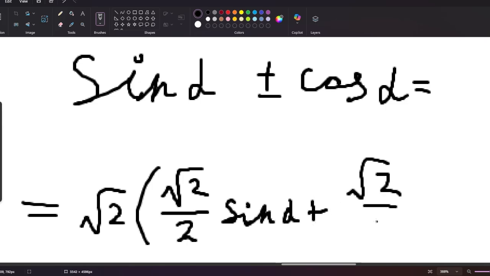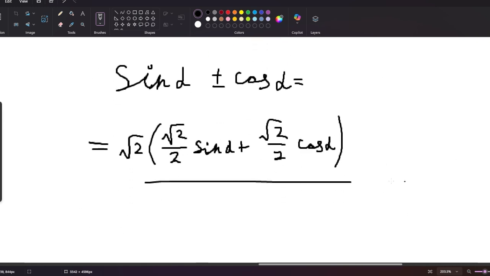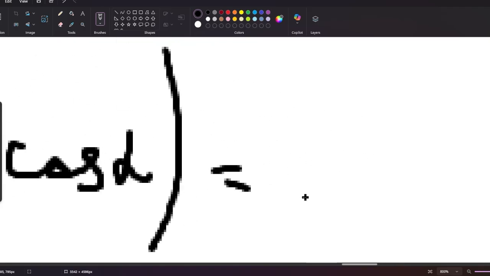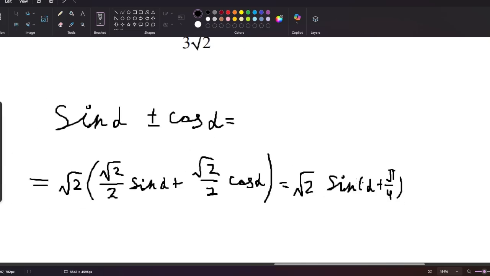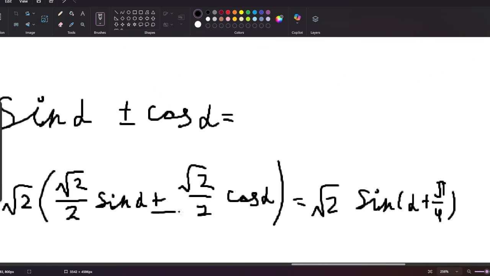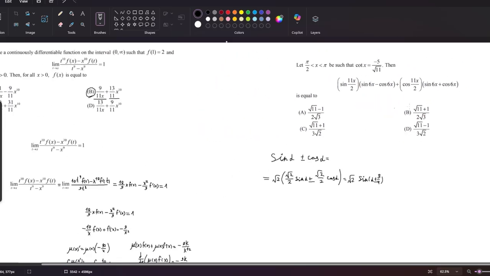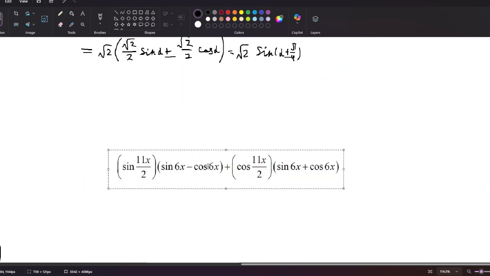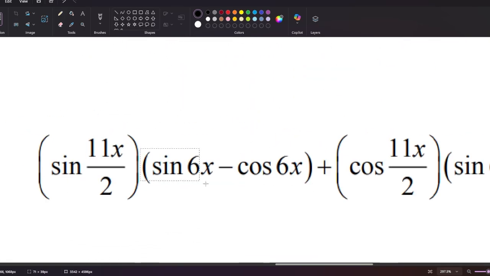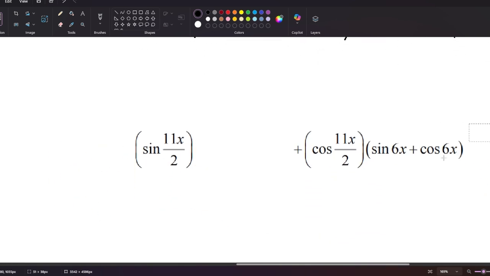And now the thing is, this is literally the sine sum formula, so this is going to be square root of 2 times sine of alpha plus pi over 4. Now again, plus minus, I forgot to include that. Okay, so let's work with this. Here we can replace this and this, and pull the square root of 2 outside.